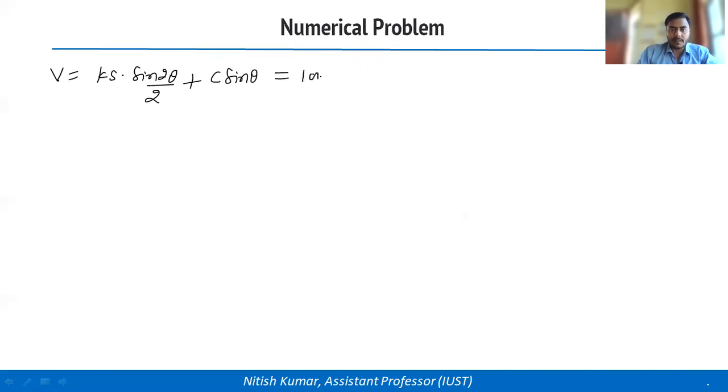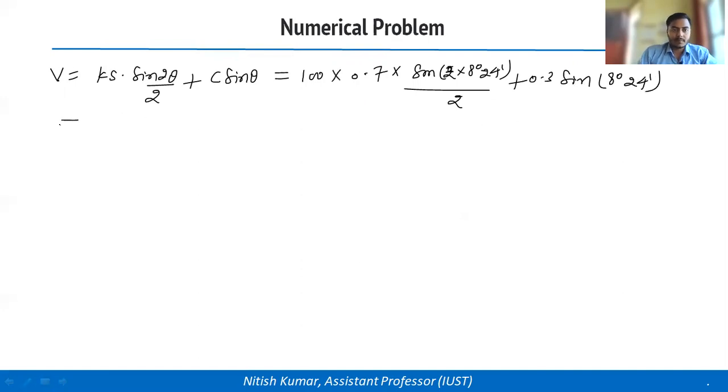Now K S is 100 into 0.7, into sine 2 into 8 divided by 2, plus 0.3 sine. Calculate this value and tell me what you are getting. So we get the value 10.160.